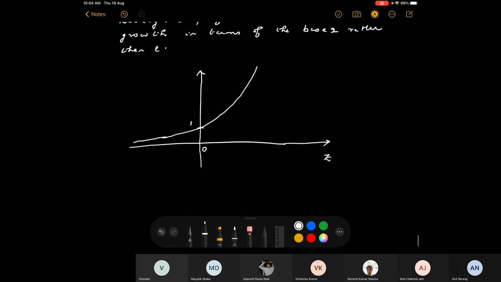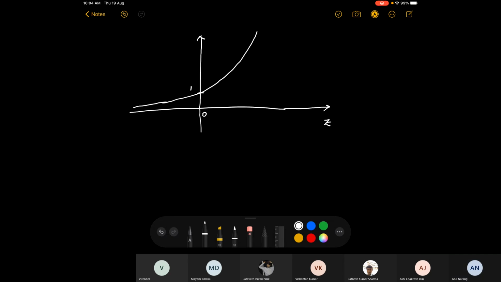This is e to the power z. Now, if I have to plot 2 to the power z, then what will 2 to the power z look like? It will basically be below e to the power z, right? Because you remember e is approximately equal to 2.7, which is bigger than 2. So if you plot 2 to the power z, it will look something like this.